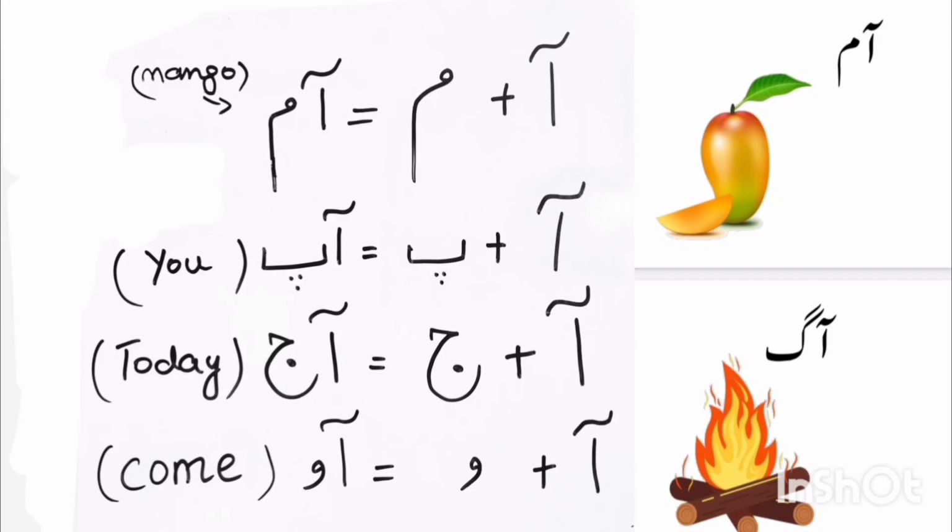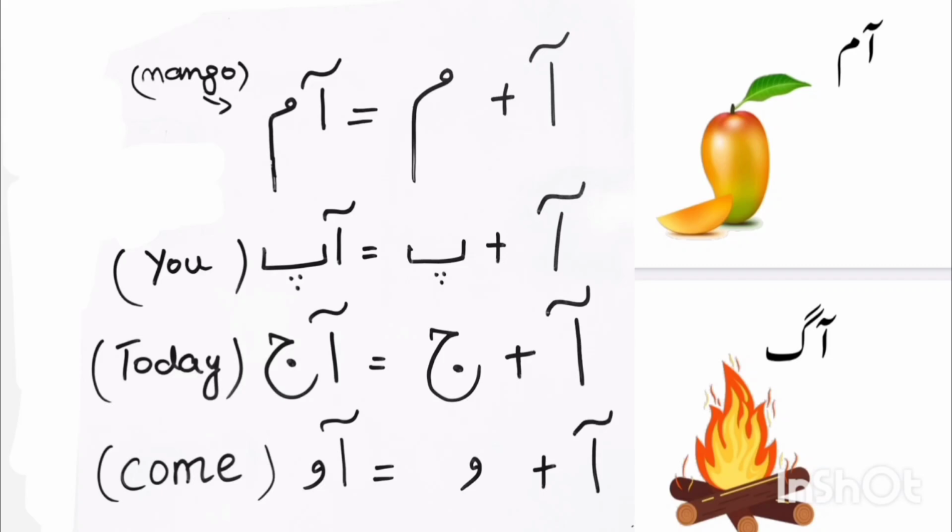So now, alif madda and meme sakin. When we add alif madda with meme, why am I saying meme sakin? It means that whenever the kharoof is written in its original form, we call it sakin.